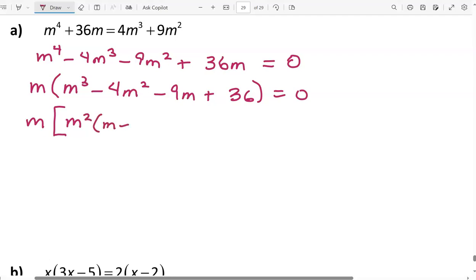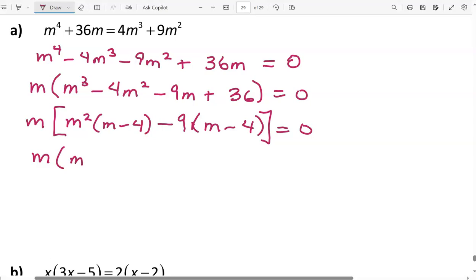The first group has a common factor of m squared. That leaves us with m minus 4. Bring down the minus sign in between the two groups. There's a 9 that's a common factor, so we're going to factor out negative 9, and that leaves us with also m minus 4. And so that means the 3 factors are m, m minus 4, and m squared minus 9.